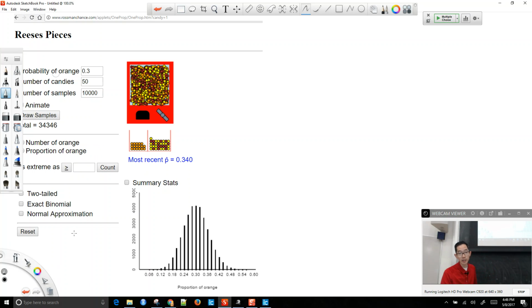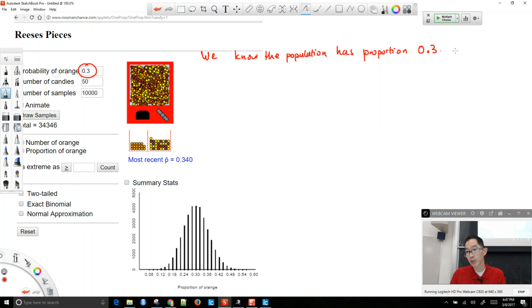Okay, and so the idea here is, in this case, we know that the population has proportion 0.3 orange.